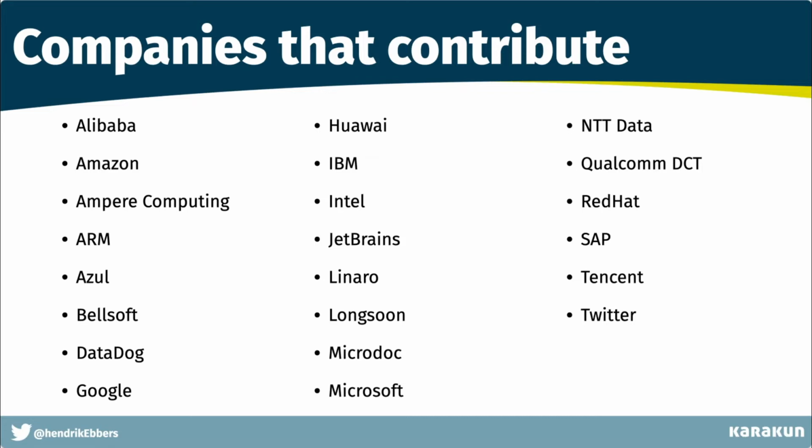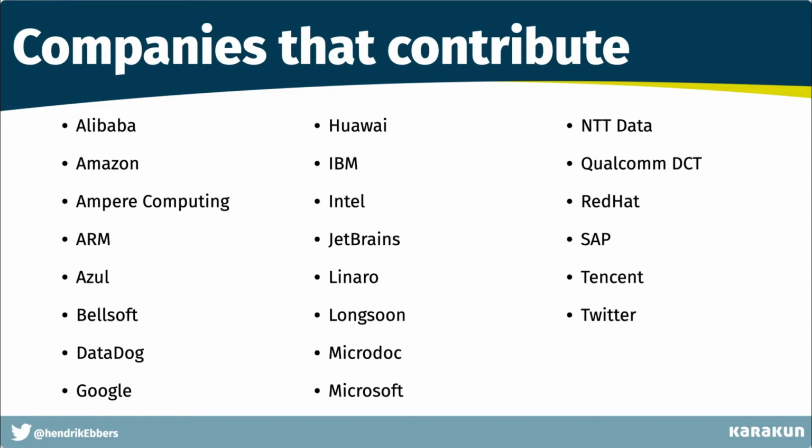And all these companies have different reasons why they contribute to the OpenJDK. There are some companies like, for example, Intel or ARM that want to have the OpenJDK running perfectly on their hardware. We have companies like Azul or Amazon or Bellsoft that provide their own OpenJDK distribution.